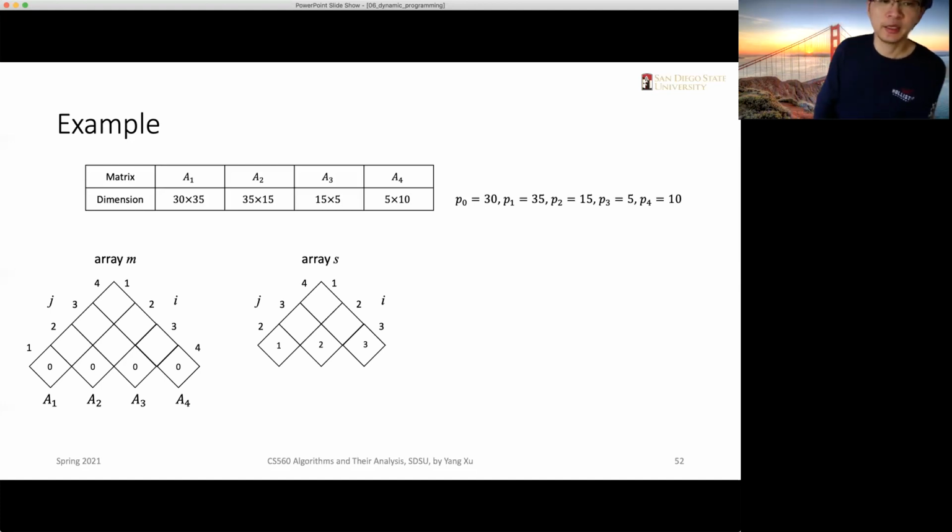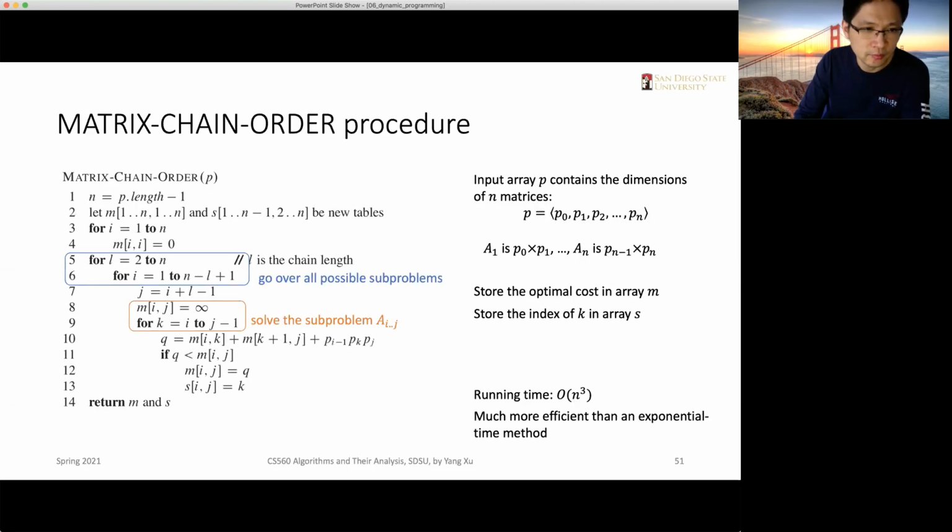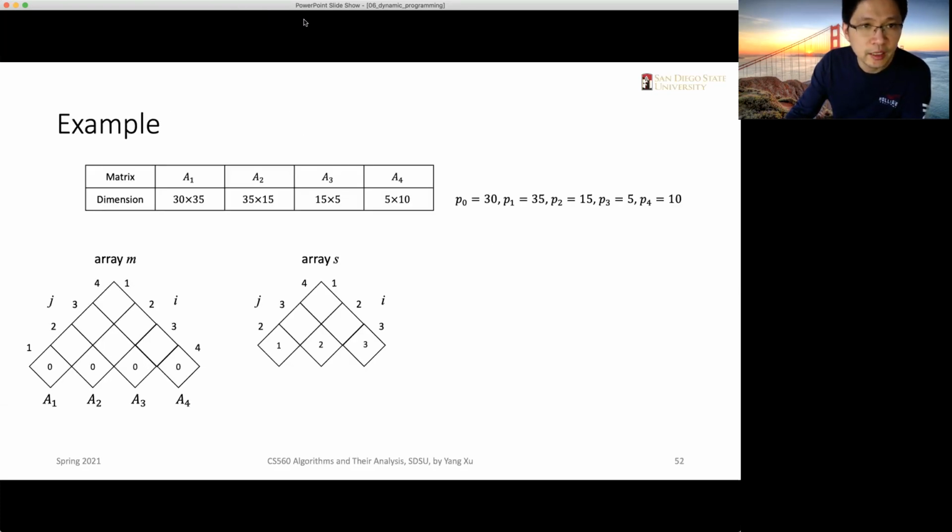This is by definition of the code. These values are not pre-filled. They should be empty, but I just didn't make the animation complete, so you can think of these as all empty.